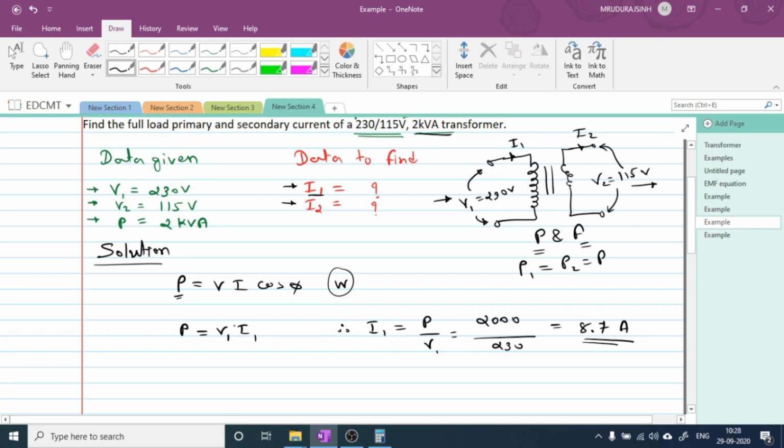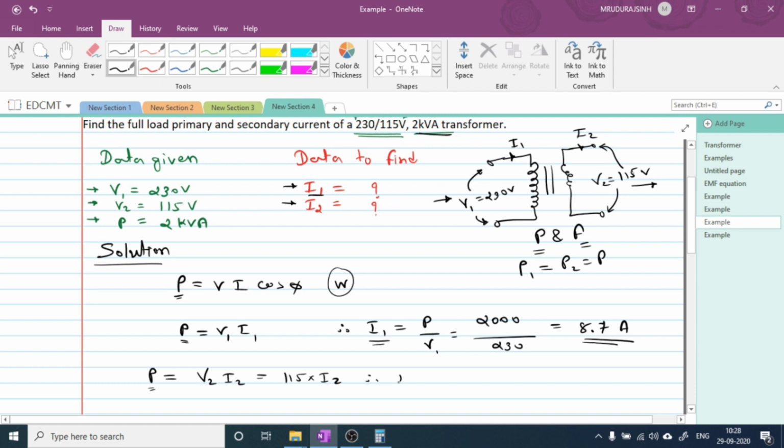Now if you want to find secondary current, this is the current flowing through primary winding. Now we are going to find the current flowing through secondary winding. So again P is equal to V2 into I2, because the power in transformer is constant. Whatever power, electrical power, is at input in ideal transformer, that much of power we'll get at output. So V2 is 115, right, multiply by I2.